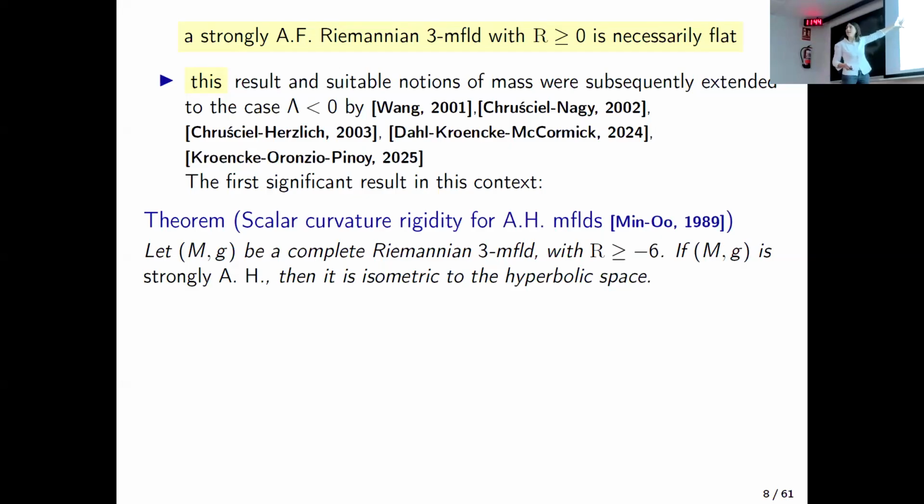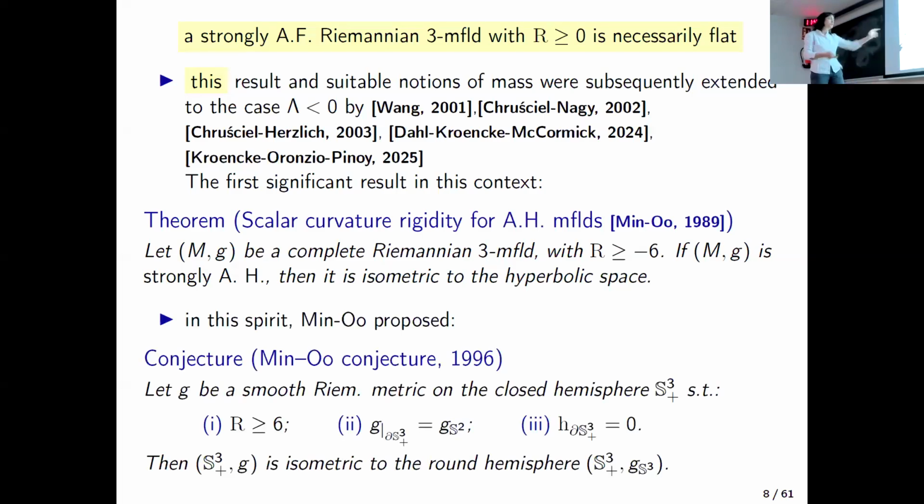This is why, following a similar way of thinking, Min-Oo proposed the famous conjecture for the case lambda positive. Suppose that now R is bounded below by the positive constant, which is now normalized to 3, so 2 times lambda here is 6. And suppose that at the boundary of this hemisphere, the metric is the S2 metric, so you really are equal to the metric at the boundary of the model space, and also suppose that the second fundamental form is 0.